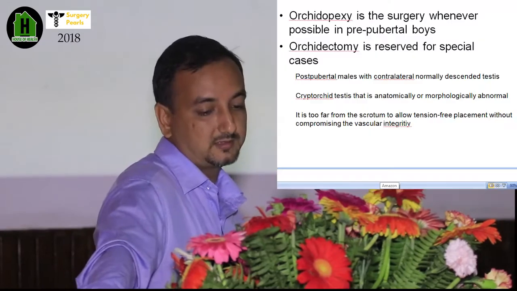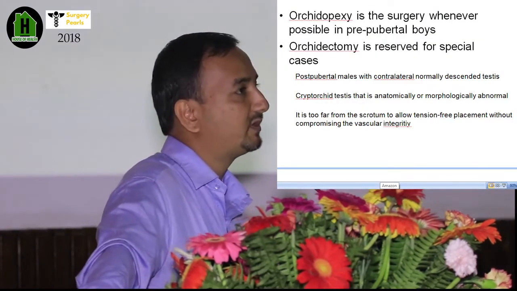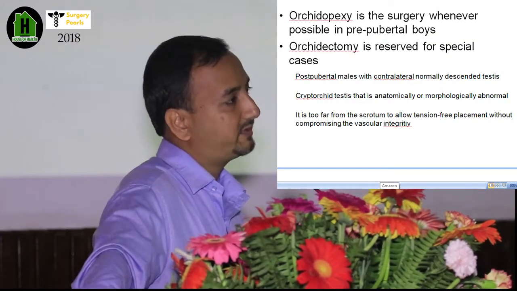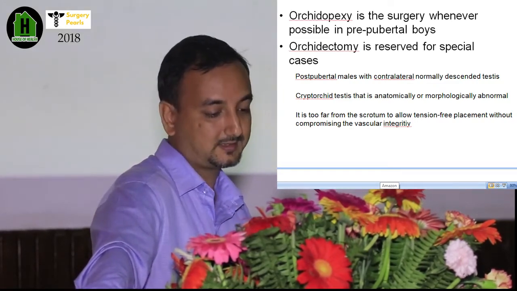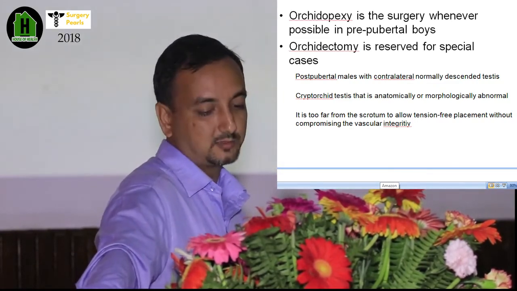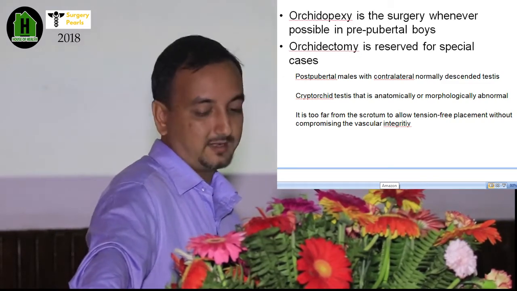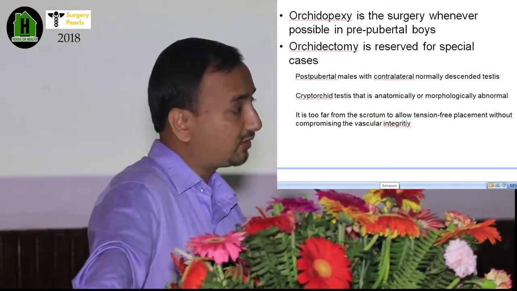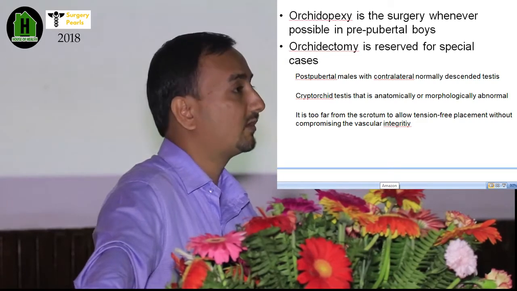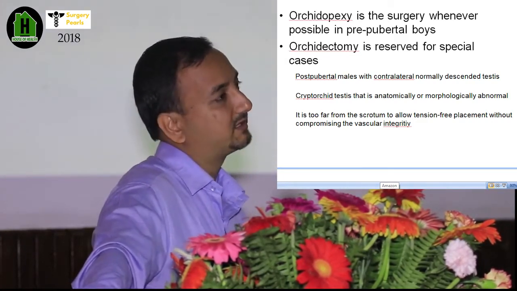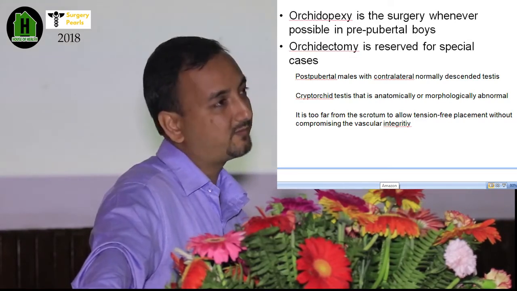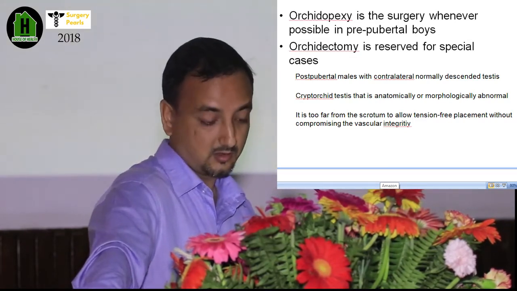Orchidopexy is the surgery whenever possible in prepubertal boys, and orchidectomy is reserved for special cases. Such cases are postpubertal males with a contralateral normally descended testis, a cryptorchid testis that is anatomically or morphologically abnormal, and a testis that is too far from the scrotum to allow tension-free placement without vascular compromise.